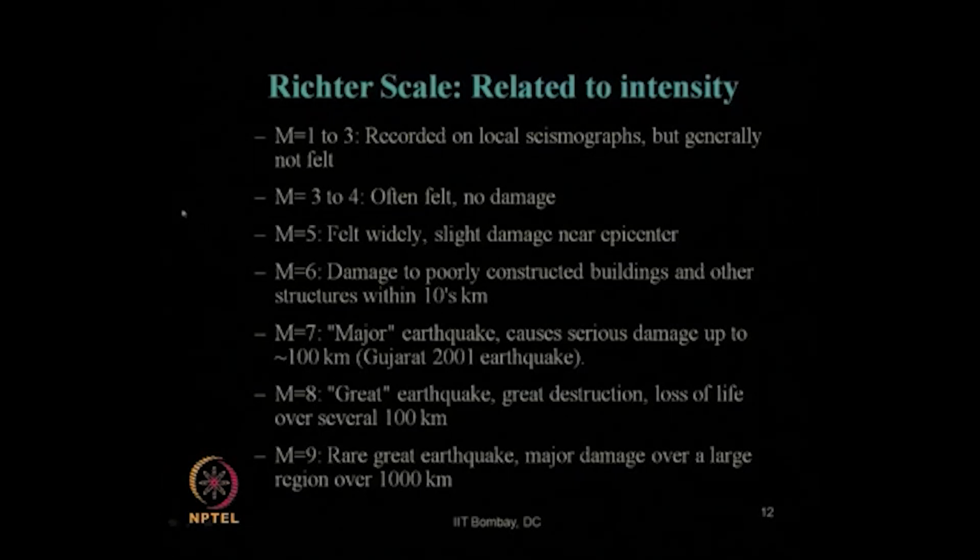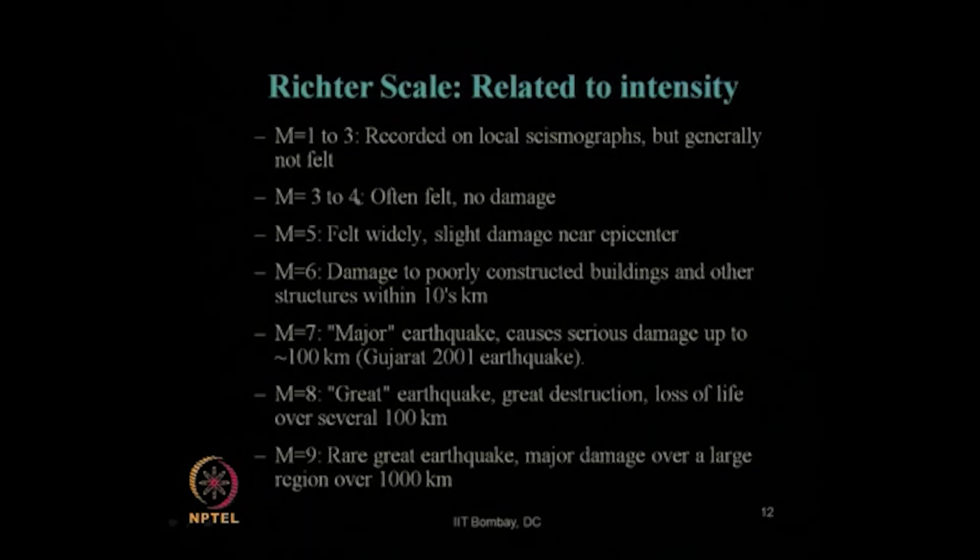So, you can see that for our engineering analysis, mostly Richter magnitude above 5 or so we consider for our technical study in earthquake engineering, because from 5 onwards it is felt widely and slight damage starts occurring.